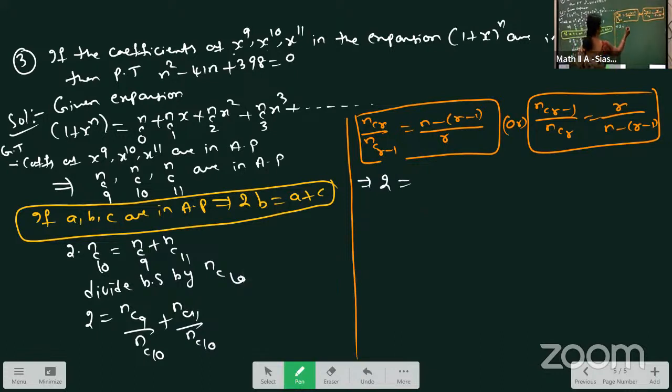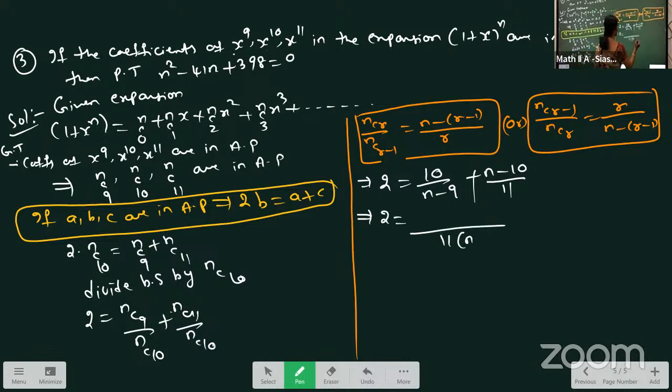So 2 is equal to 10 by N minus 9 plus NC11 by NC10, directly by formula N minus 10 by 11. Now simplify this. 2 is equal to, LCM 11 into N minus 9, here we get 10 into 11 is 110 plus N minus 9 into N minus 10.